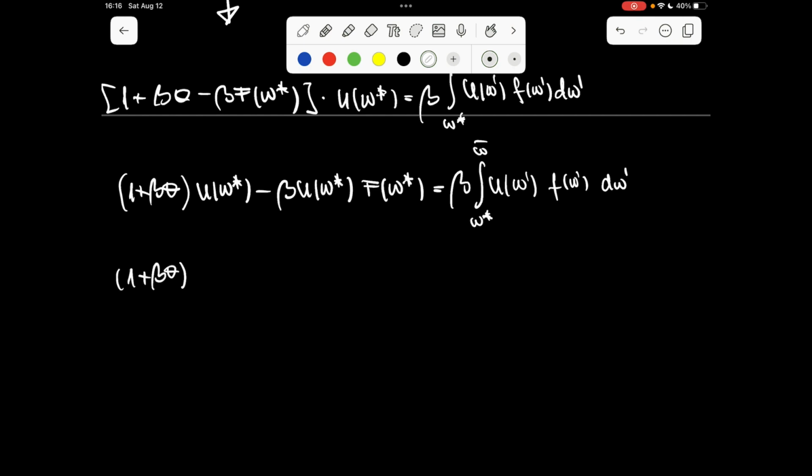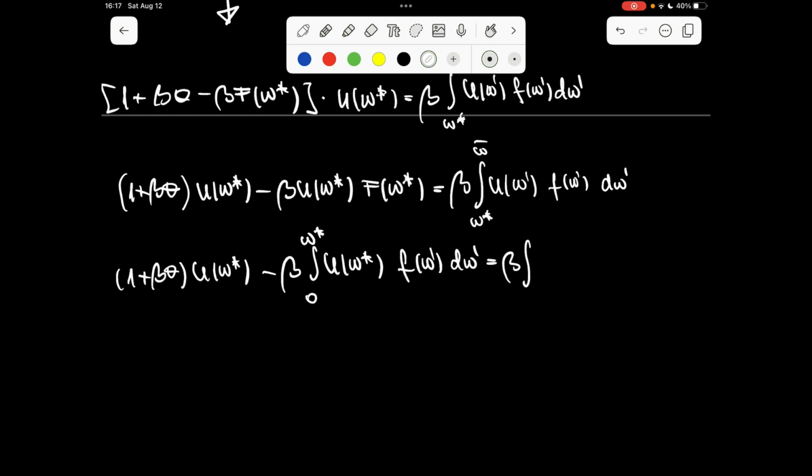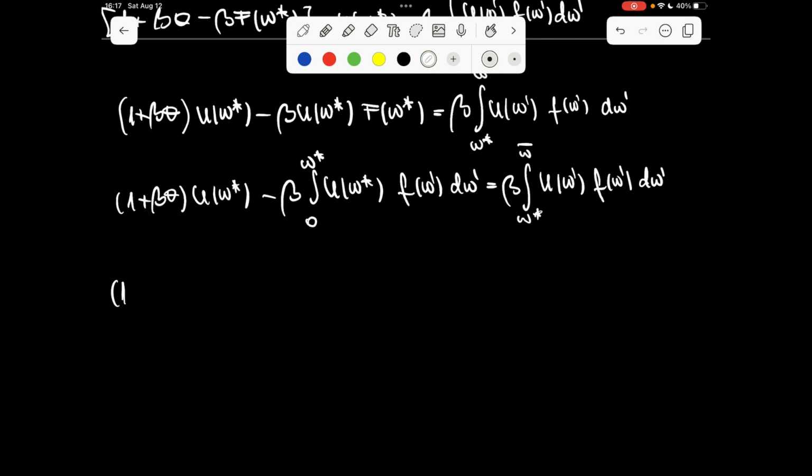If it is true, then it is also true. Yep. And finally, we get to this equation.